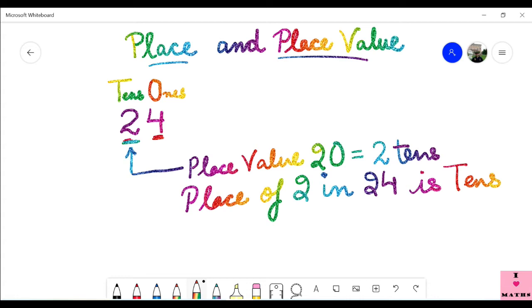Because children, there are two places, ones place and tens place. Since 2 is standing at tens place, its place is tens and its place value is 2 tens or 20.